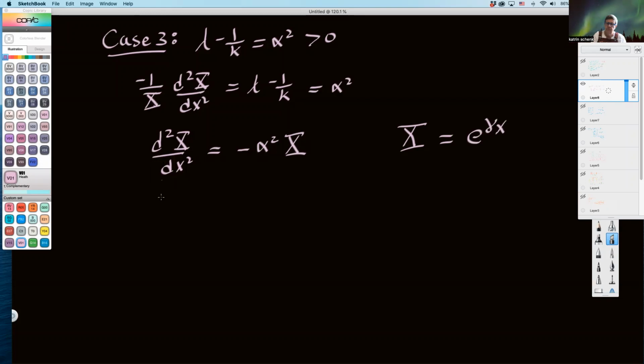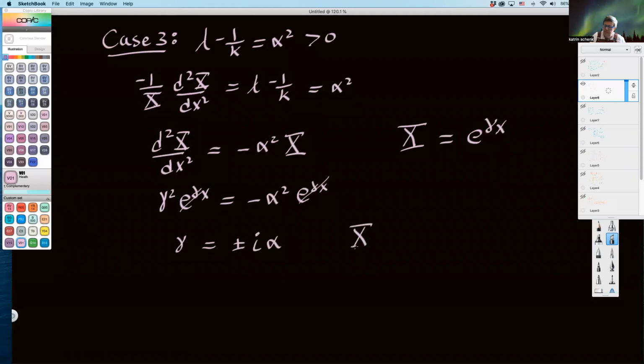The second derivative gives me gamma squared e to the gamma x, and over here I get minus alpha squared e to the gamma x. When we cross those out, we get gamma equals plus or minus i alpha. So this gives us solutions that look like X equals a e to the i alpha x plus b e to the minus i alpha x.